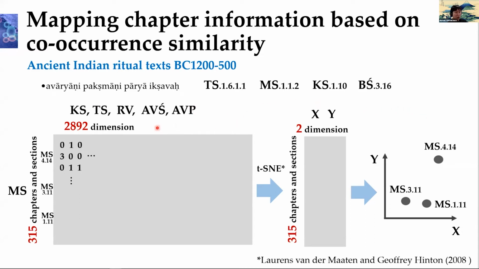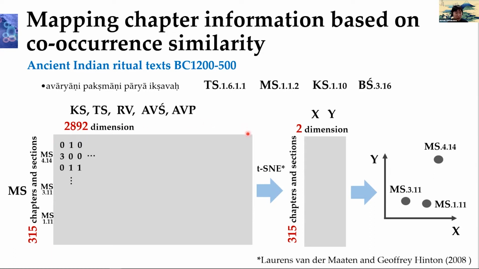And the matrix holds the number of the mantras that are co-occurring. For example, the MS 4.14 shares mantra with a certain chapter of the KS. And in our data set, the 315 chapters and sections have 2,892 dimensions.